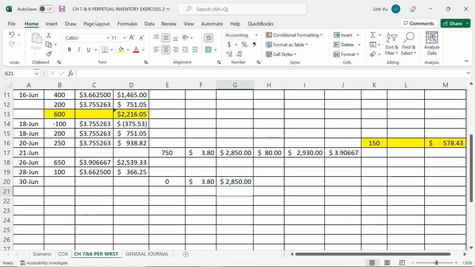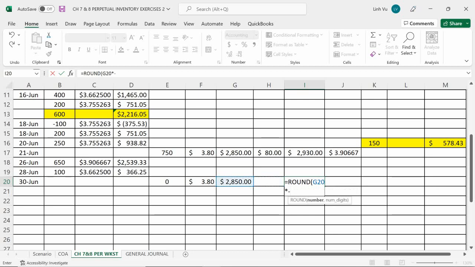So what is $2,850 times the negative 5%, because that's how much the discount is for? It's going to give me a total of $142.50.